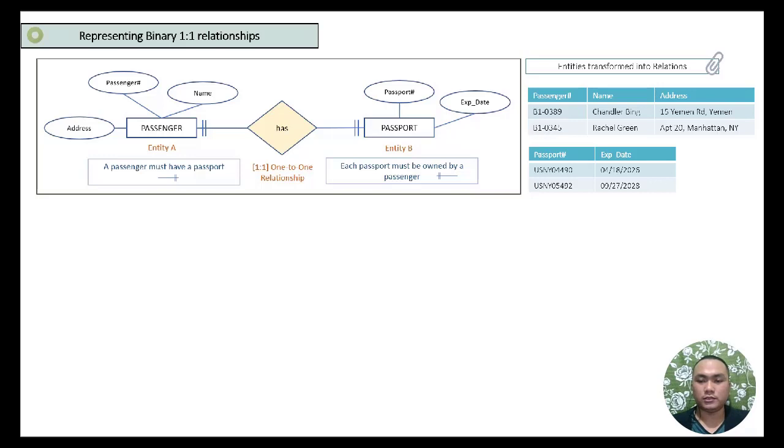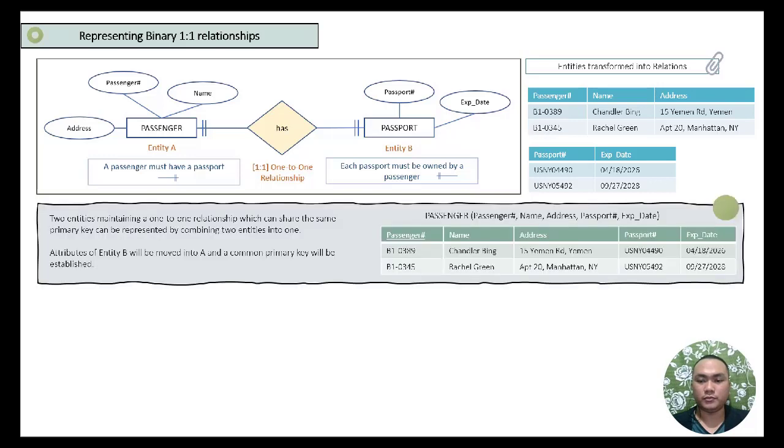To represent the has relationship between them, we can simply move the attributes from relation passport to the relation passenger. The relation schema would then be passenger with the fields passenger number, name, address, passport number, and expiration date.